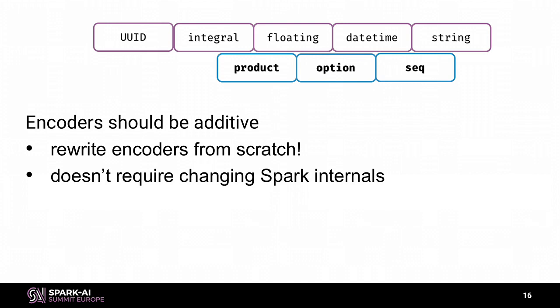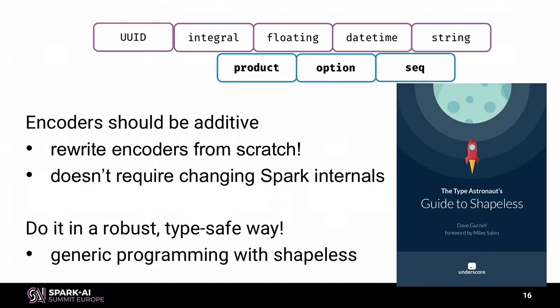But as we like type-safe programming and we like Scala, we would like to do it in a robust type-safe way, and that is basically doing it with shapeless. Who knows shapeless? Some people, yeah. Okay. So shapeless is a generic programming library for Scala, and it basically has a lot of abstractions for dealing with changing representation.